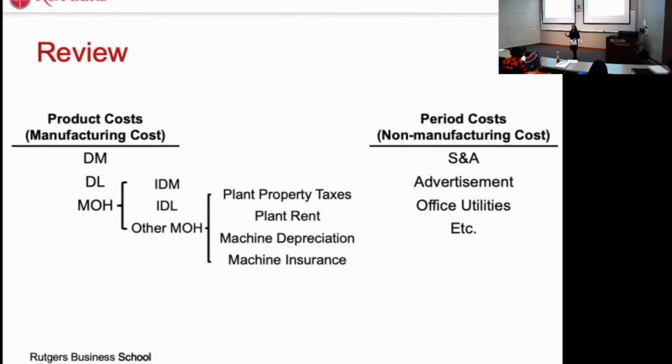So let me repeat. First, we decide whether the cost is a product or period cost, right? If it's a period cost, then there's no further category. But if it is a product cost, then we consider whether the cost is direct or indirect. If it is an indirect cost, it falls into the category of overhead. And if it is a direct cost, which means that you can trace this cost back to each product, then we further consider whether this cost is a material cost or a labor cost.